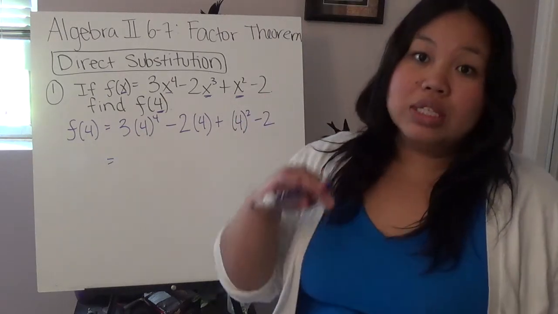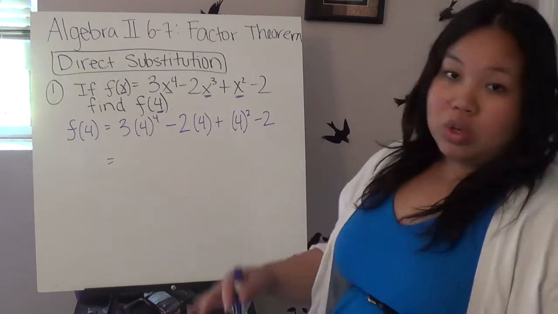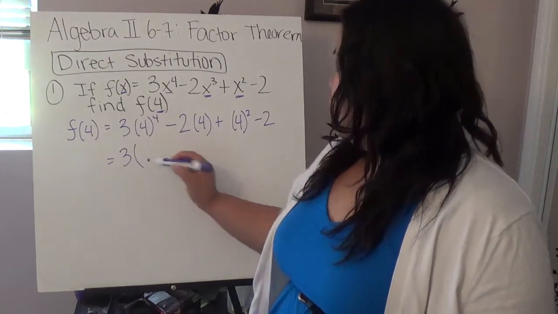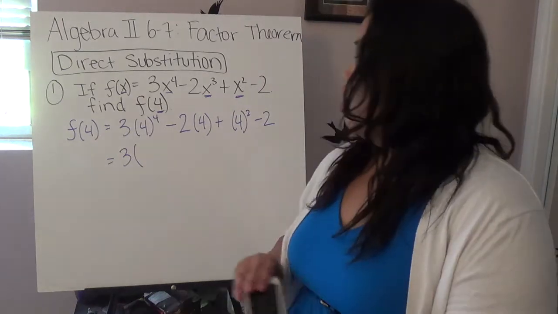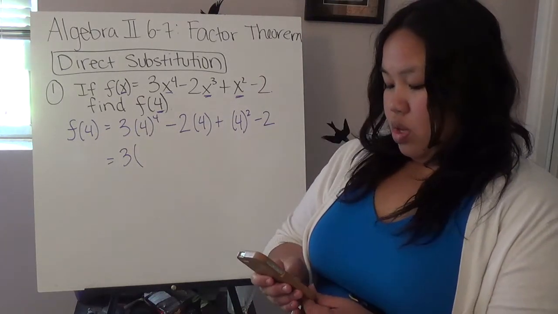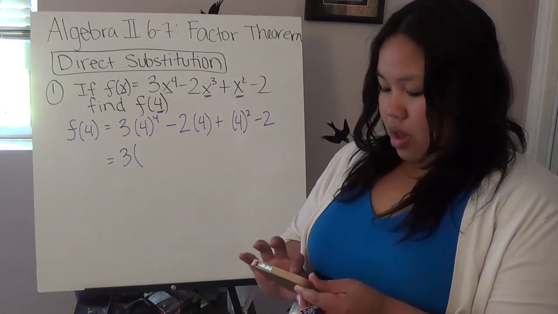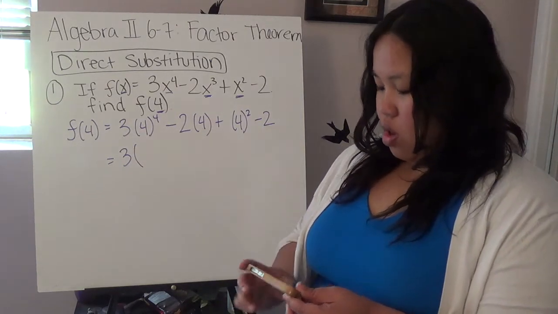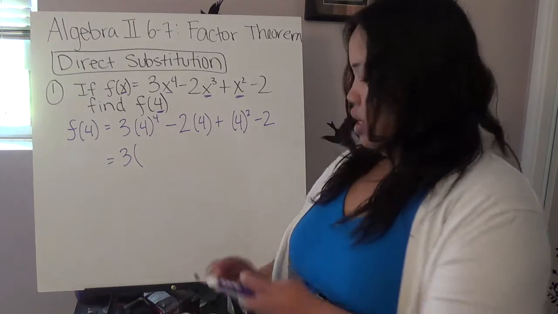Order of operations asks us to do exponents first. So we'll do 3 times 4 to the 4th, which is 4 times 4 is 16, 4 to the power of 4 is 256.